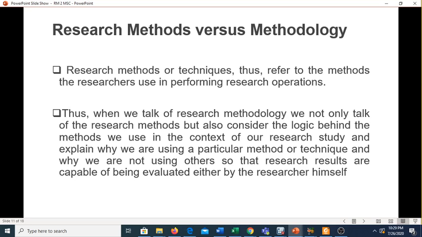It can explain why we are using a particular method or technique and why we are not using others, so that the research results are capable of being evaluated by the researcher himself. So you can see that when you talk of methodology, you explain the nitty-gritty of each and every method of interest, rather than just explaining what a method is all about.